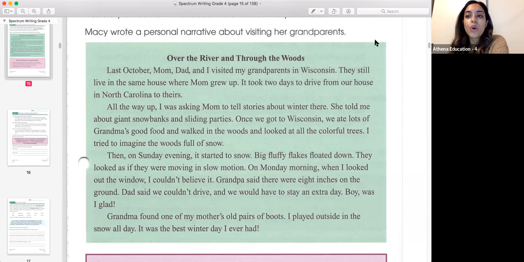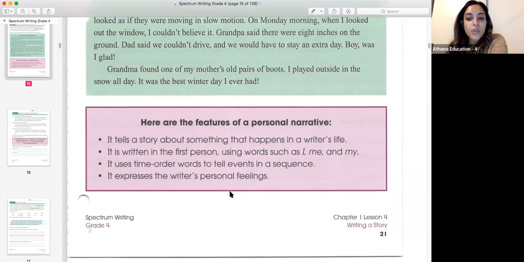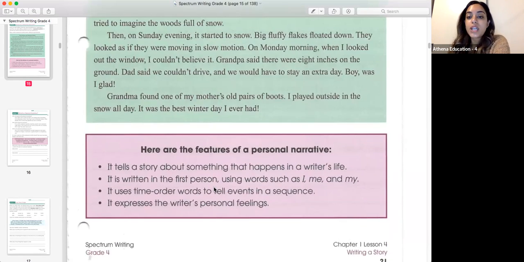So what we're going to do is talk a little bit about what a personal narrative is, and then we're going to write our own personal narratives. So I'm going to talk a little bit about what a personal narrative looks like.